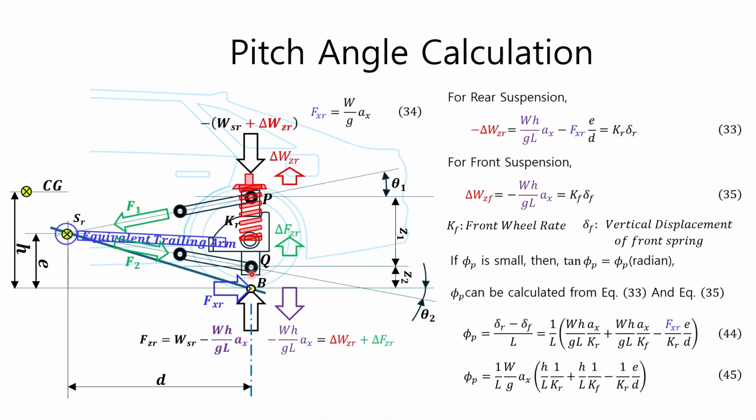When the pitch angle phi-p is small, an approximation can be used in which the tangent phi-p is equal to phi-p. Here, the unit of phi-p is in radians.